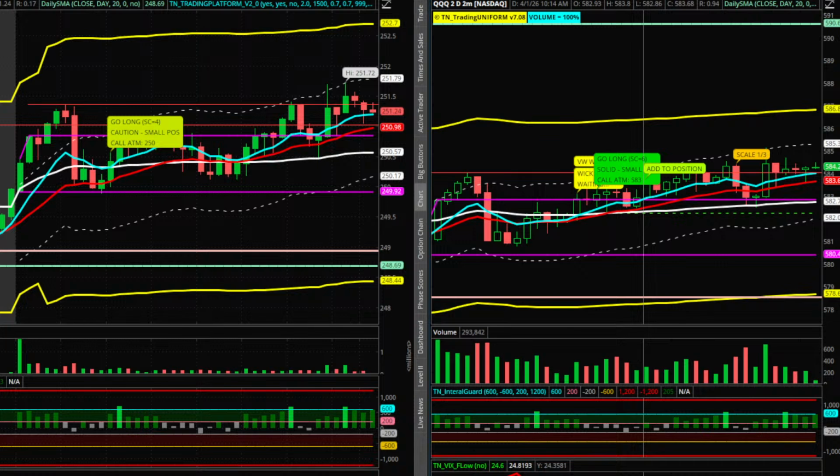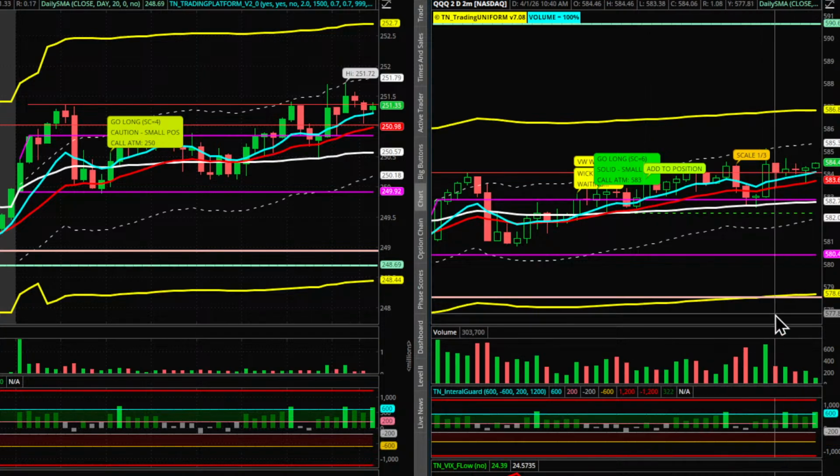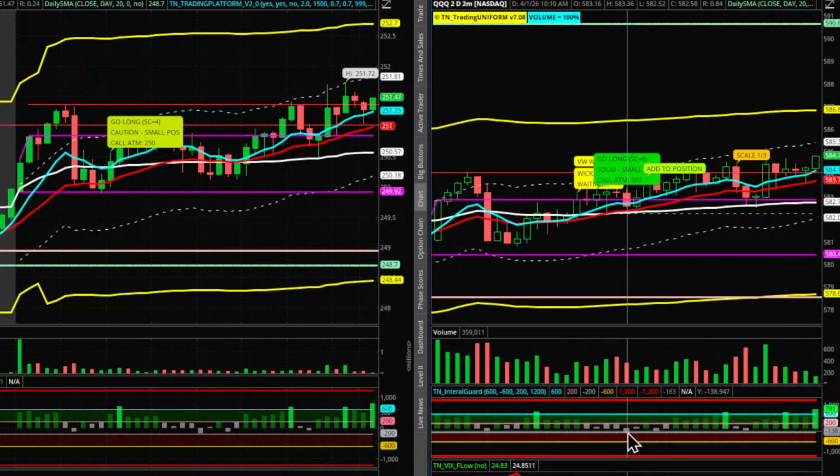Oh, sheesh. Come on, QQQ. Let's see if it can pop. Like I said, the structure still favors bullish. VIX is trending down. There's more buying than selling on the New York Stock Exchange.